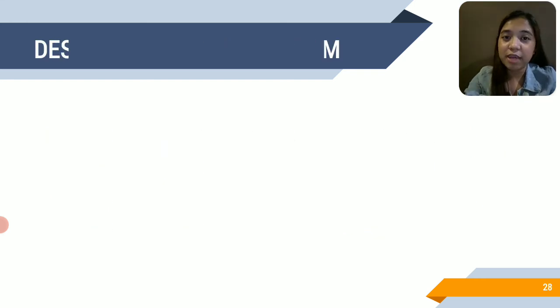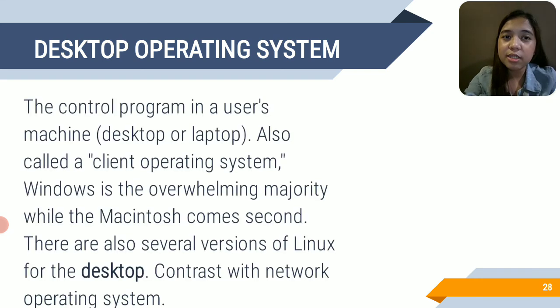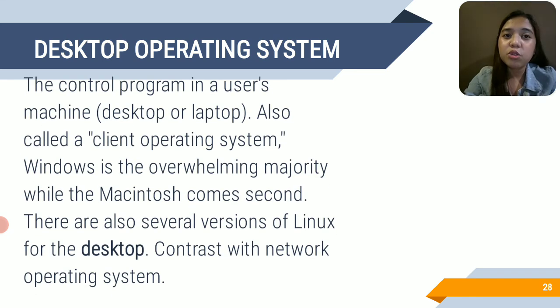I hope you understand that. The desktop operating system is the one that controls your programs on a user's machine. It's also called a client operating system, which is the overwhelming majority, with Macintosh and also Linux.